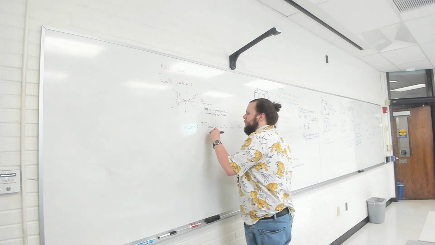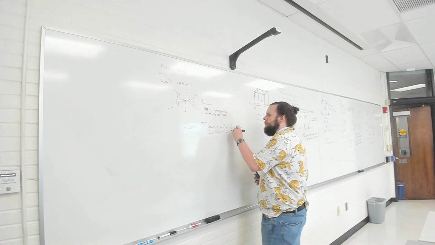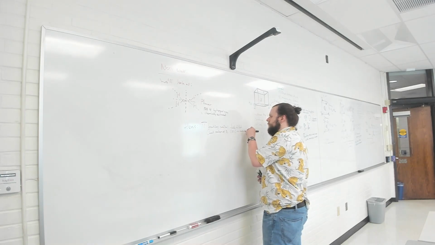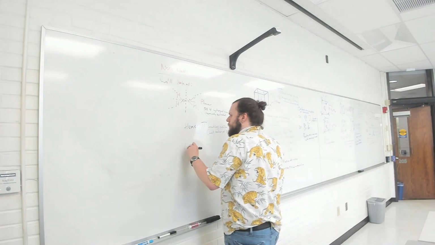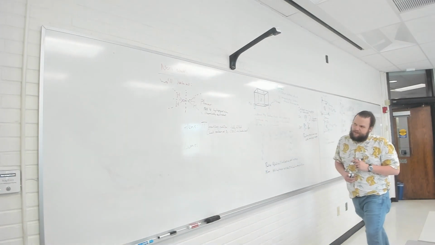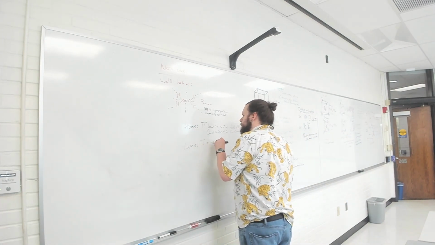So this leads to a bond order of 2 for the carbon-carbon bond, as we expect. But the LUMO, it's just the next orbital up that doesn't have any electrons, is a pi antibonding orbital.